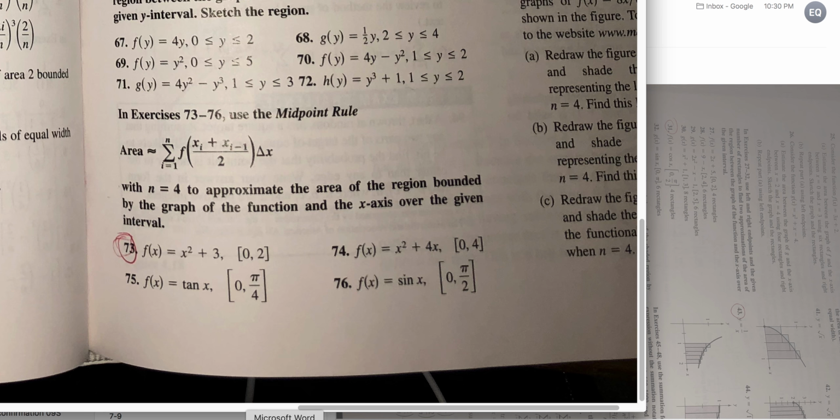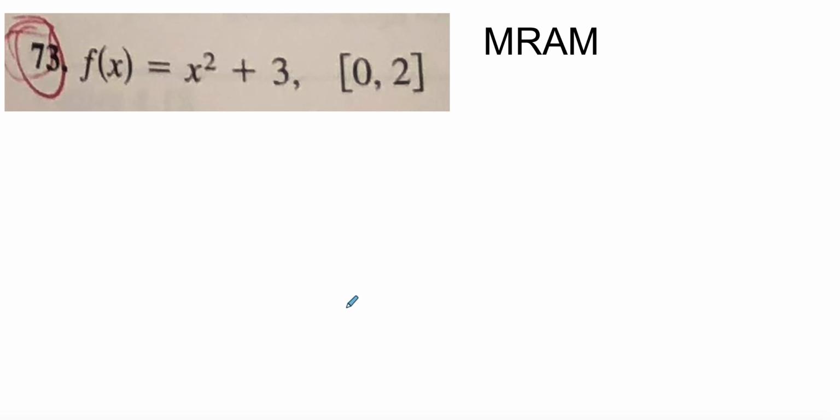Okay, so when n equals 4, then we're going to do 2 minus 0 divided by 4, which is 0.5. Each time it's going to be increasing by 0.5. Now my first rectangle's left side is equal to 0, and it's going to 0.5. But what's my midpoint? The midpoint is 0.25.